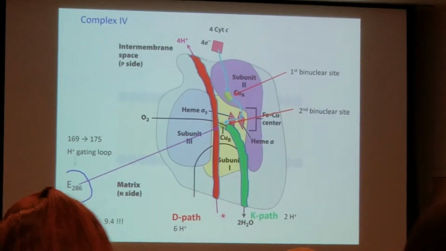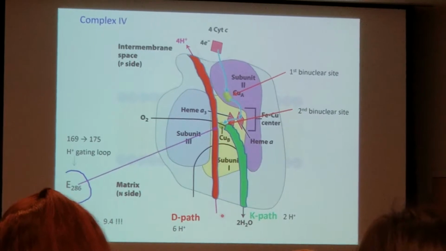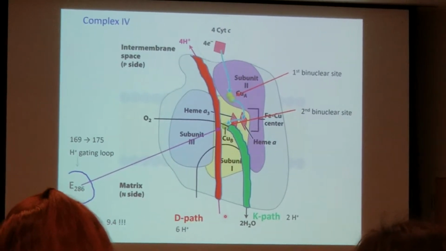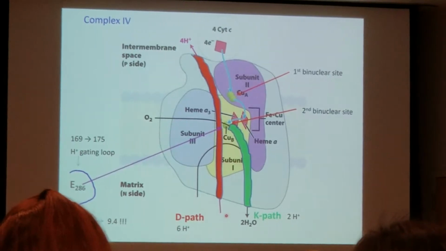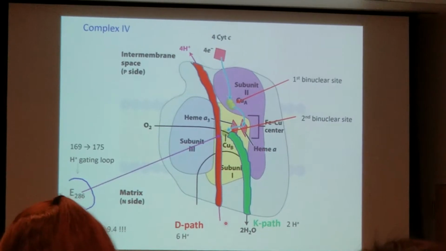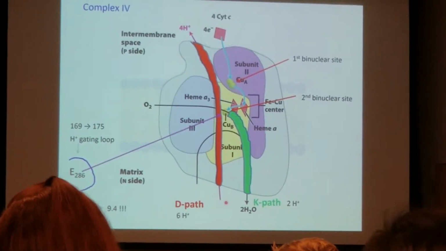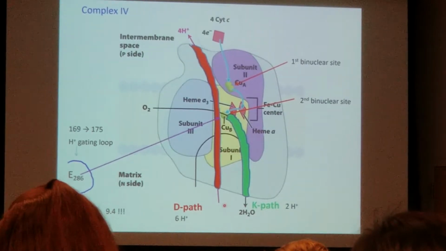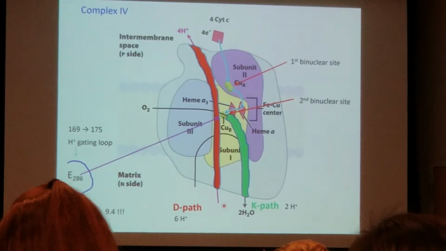But the hopping is so fast, we can't tell out of 6 protons going through the D path, is it the first one and the third one? It kind of doesn't make much sense to ask the question because it's really a continuous thing. But somehow, 2 of them are going over to the right. Cool?